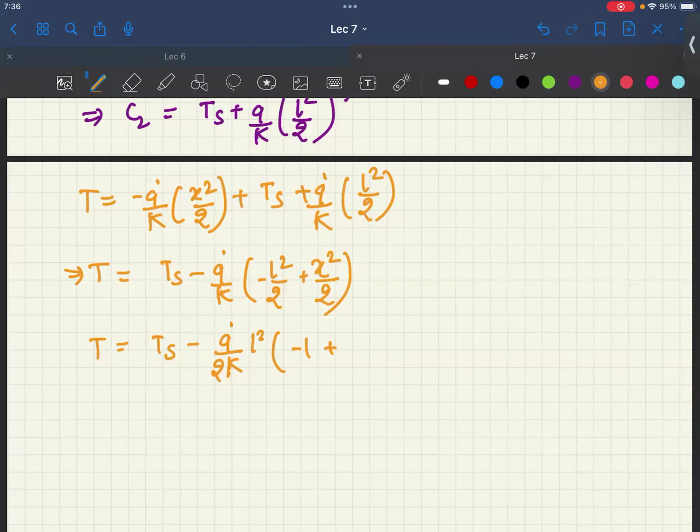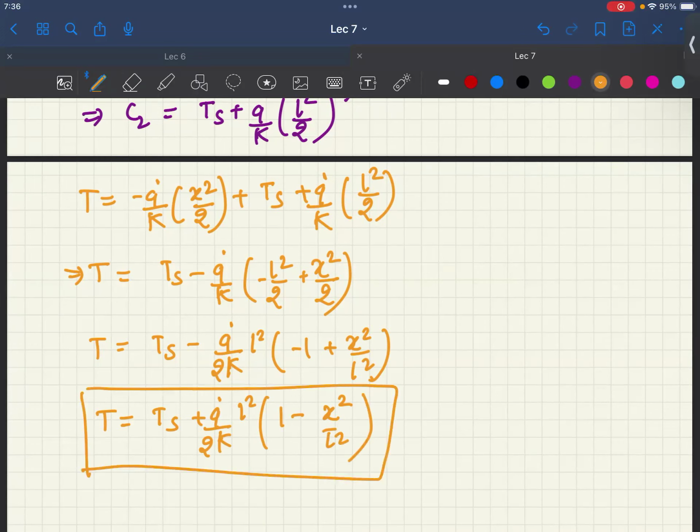Minus 1 plus x square by L square. Or in other words, T is equal to Ts plus q dot by 2k L square into 1 minus x square by L square. Okay.